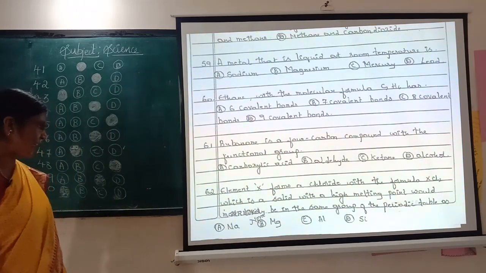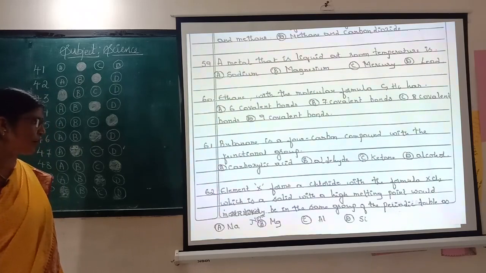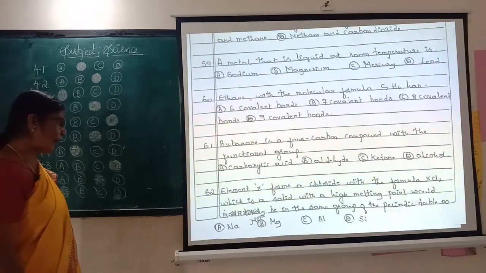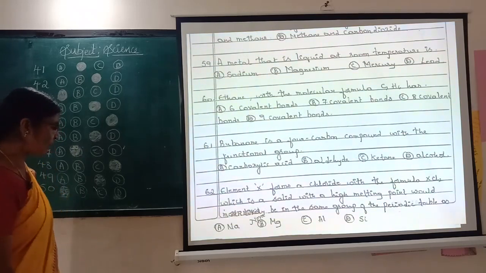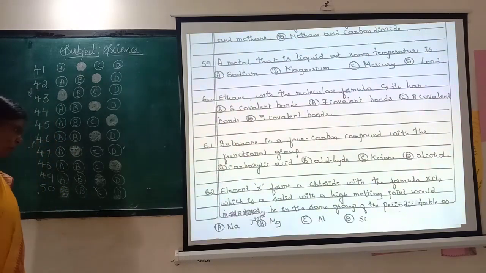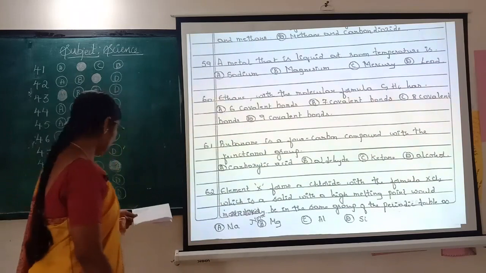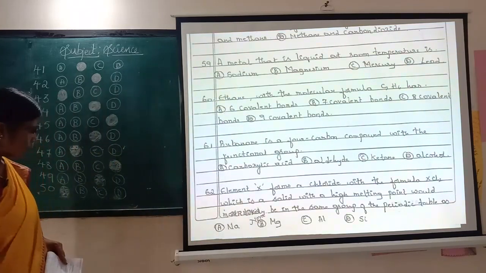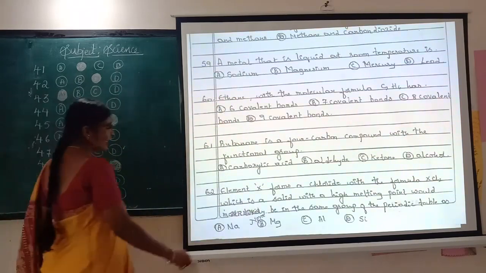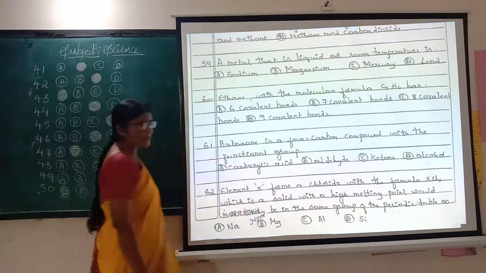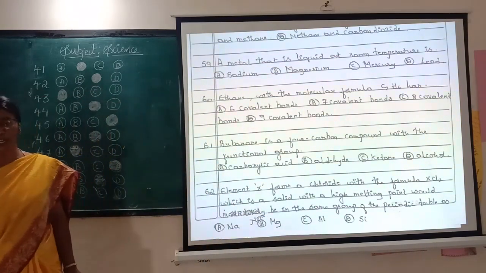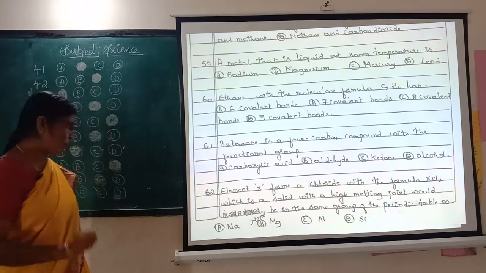It would most likely be in the same group of the periodic table as: sodium, magnesium, aluminium and silicon, children. The right answer is option B, magnesium, children. You have to shade option B in the OMR sheet.